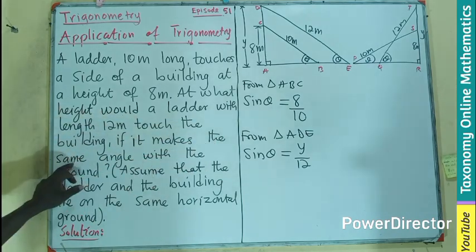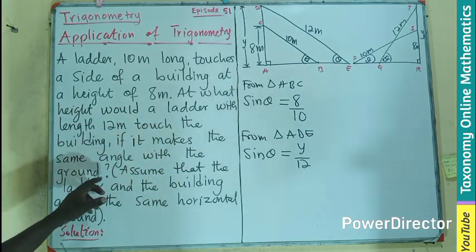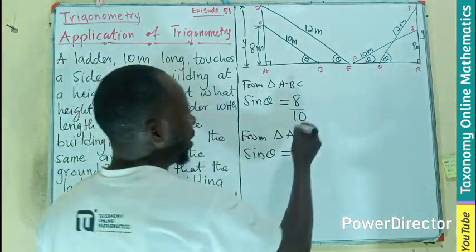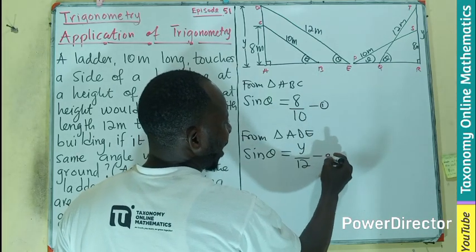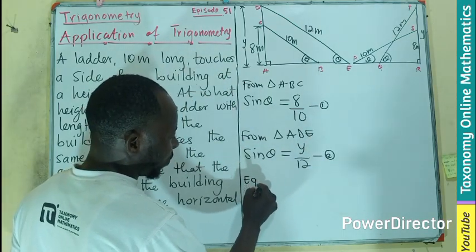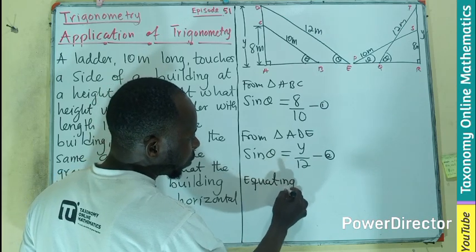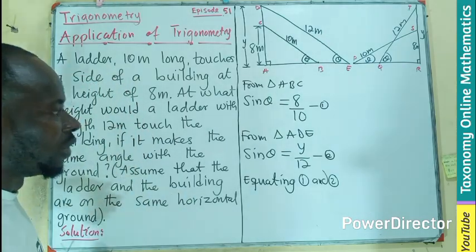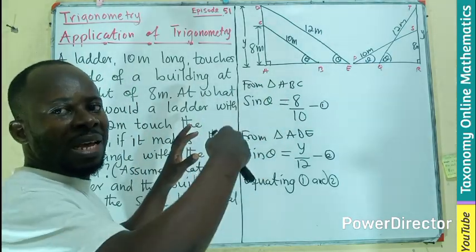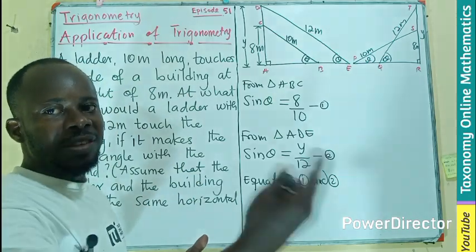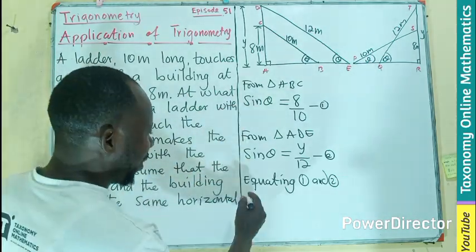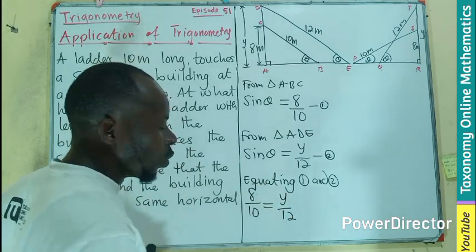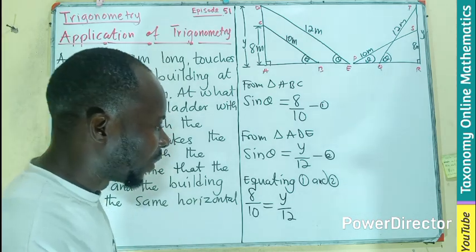If it makes the same angle with the ground, it means that this sine theta is the same as the sine theta here. So if I label this as equation 1, and this as equation 2, equating equation 1 and equation 2 means that the right sides of the two equations will be the same, since the left sides are the same. That means that 8 over 10 should be the same as y over 12.